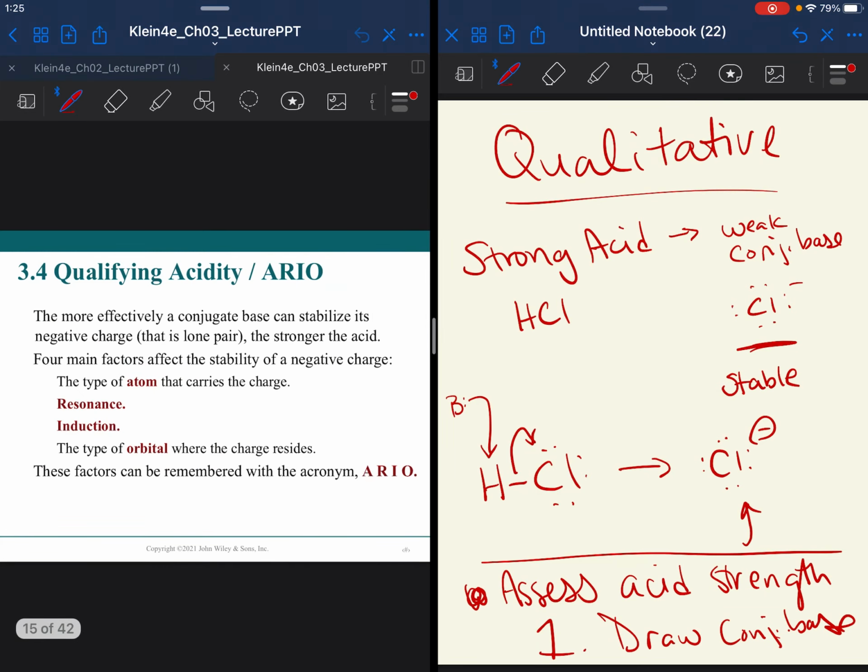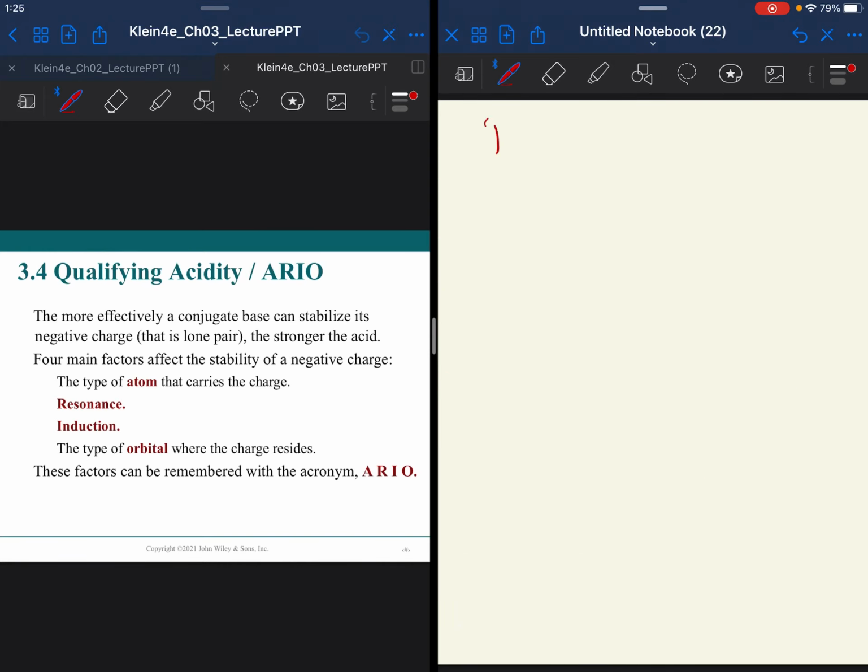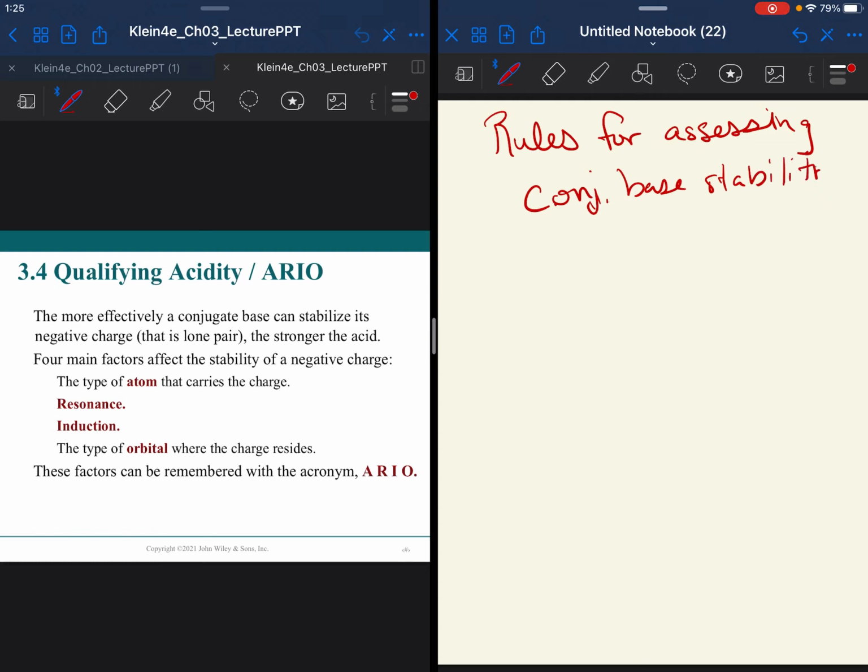All right. Now, how can we determine, if we're comparing acids, which conjugate base is going to be more stable? Well, our rules to follow, so rules for assessing stability. Assessing conjugate base stability is easy to remember through the mnemonic ARIO, right?